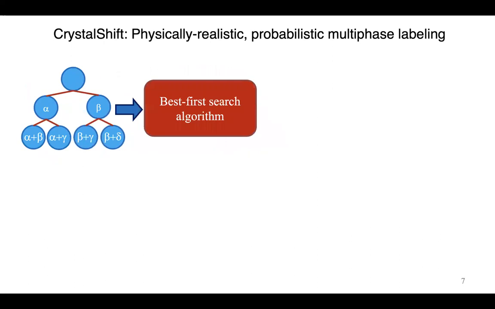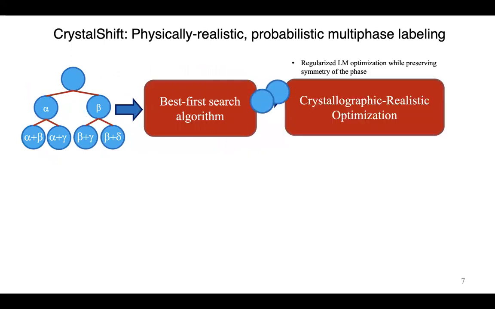We have a best-first search algorithm, which will select the most probable phase combination and pass it to the crystallography-realistic optimization algorithm, which uses a regularized LM algorithm while preserving the symmetry of the phase. So we're changing the lattice parameters without breaking the symmetry and trying to match that pattern.